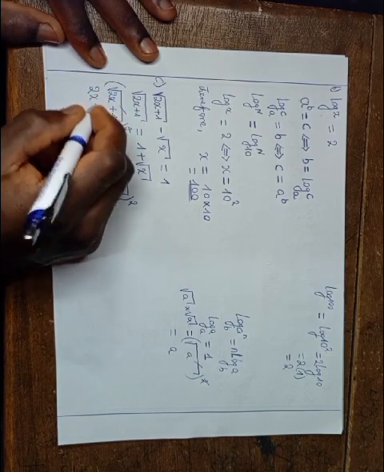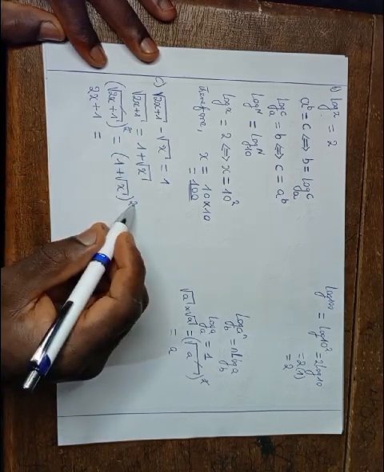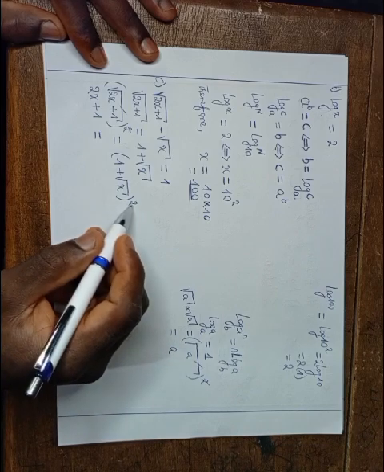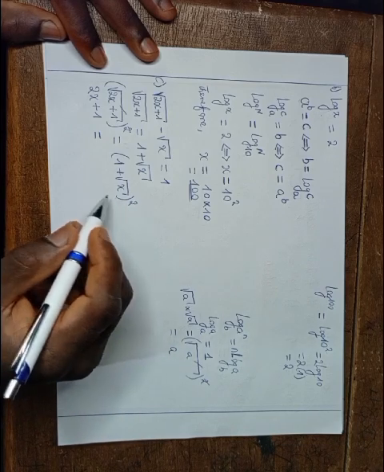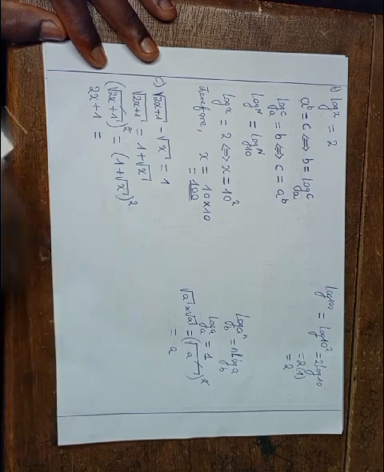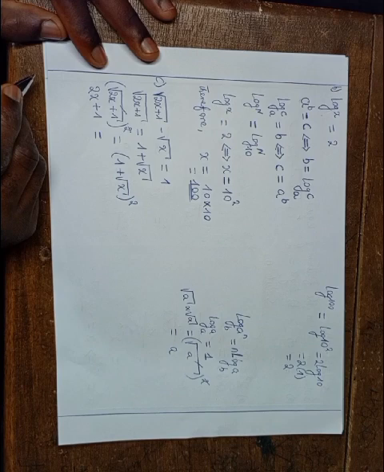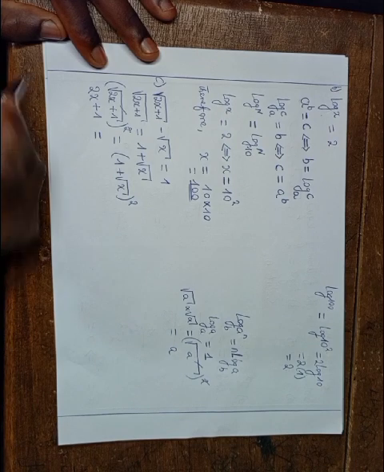We'll be left with 2x plus 1 is equal to, in this case, it is not possible for you to say the square here, the 2 will cancel the square root sign. It's wrong. What of 1? You see, it becomes a problem.